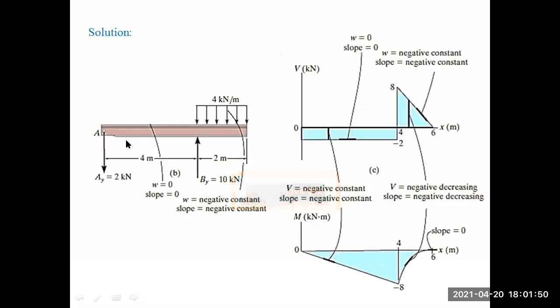Okay. Now we construct the shear force diagram. If the reaction is acting downward, the shear force, if you take the cross section, would be upward, right? So is shear force acting upward positive or negative?